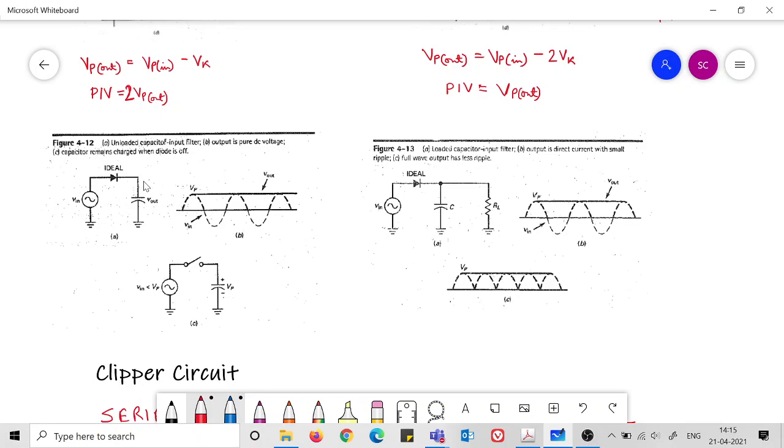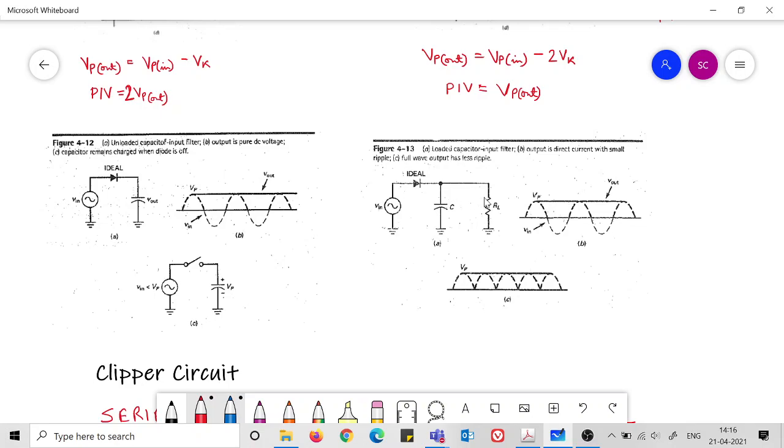However, this sort of configuration cannot happen in practice, because we know that the capacitance is not a pure capacitance. It has some resistance along with it in parallel. So you can see this configuration in the right hand side. What would happen is that during the condition when the diode is reverse biased, of course this particular circuit is off, but this particular circuit will have some flow of current.